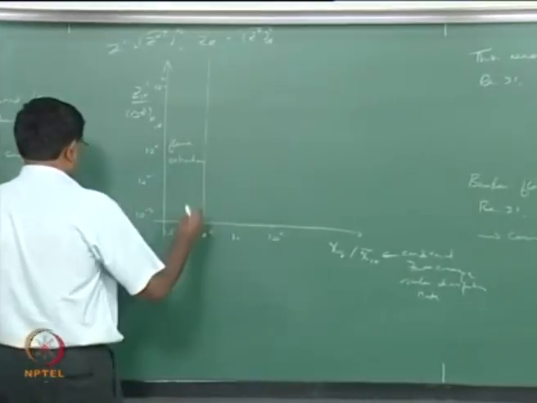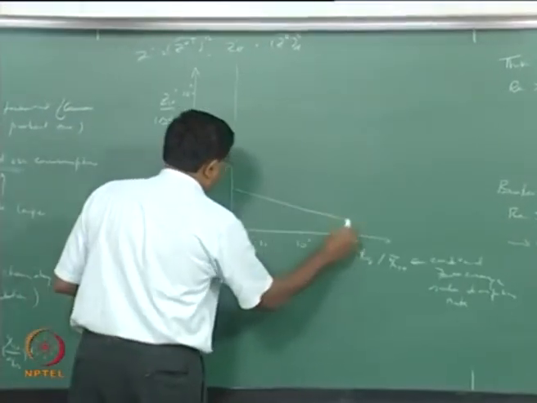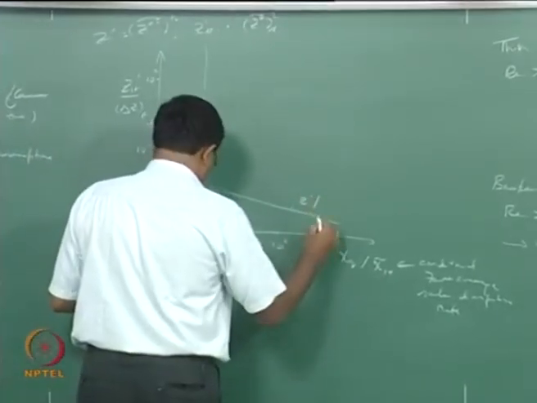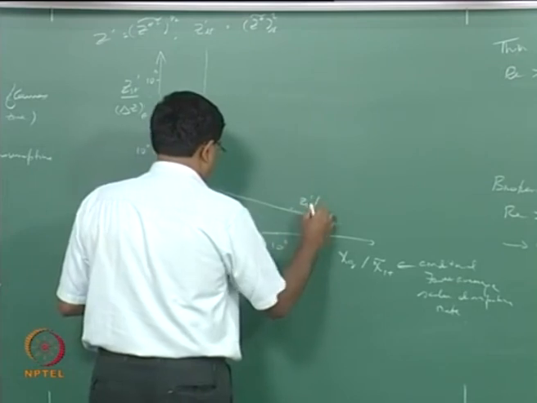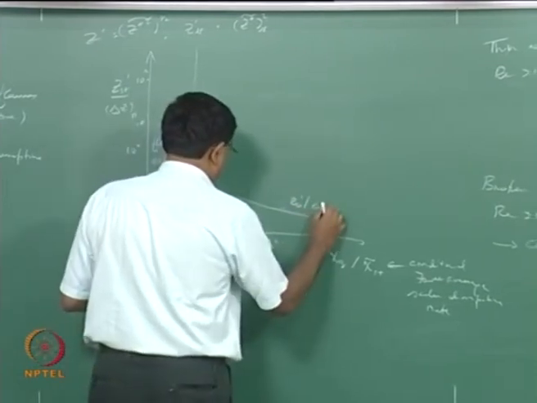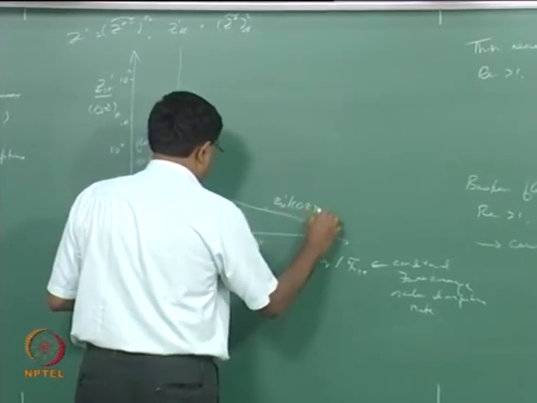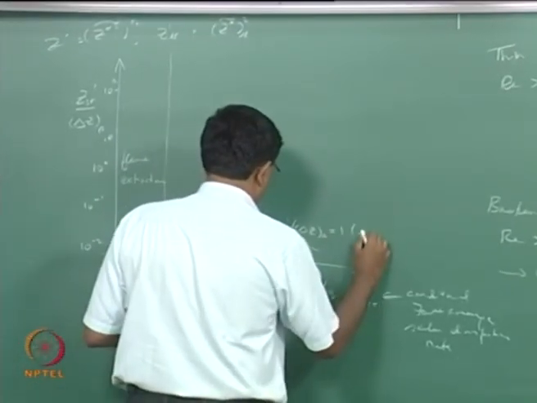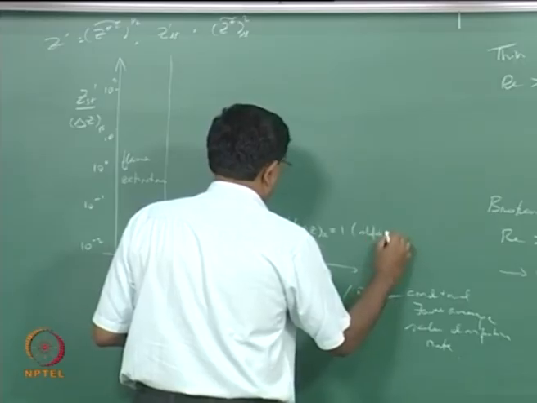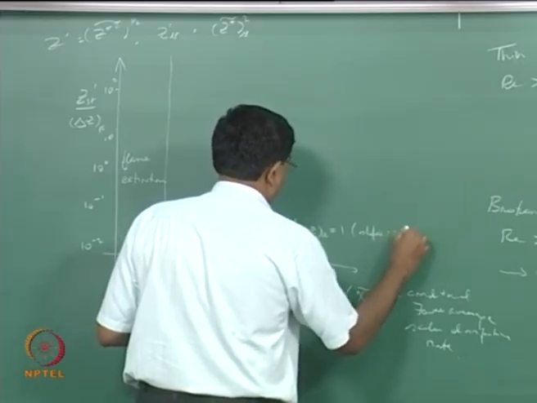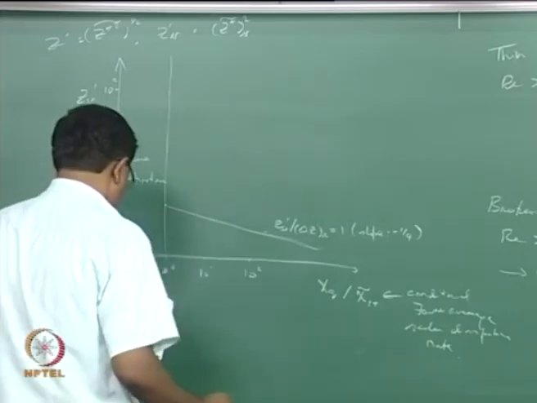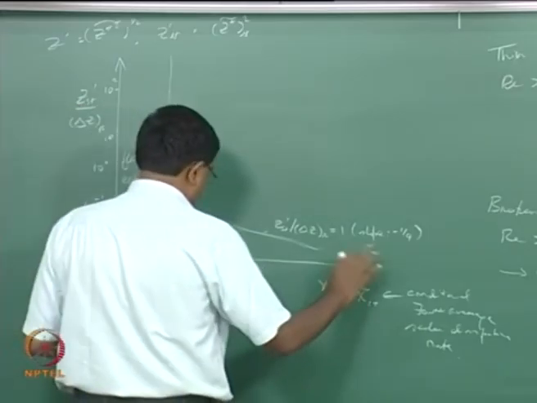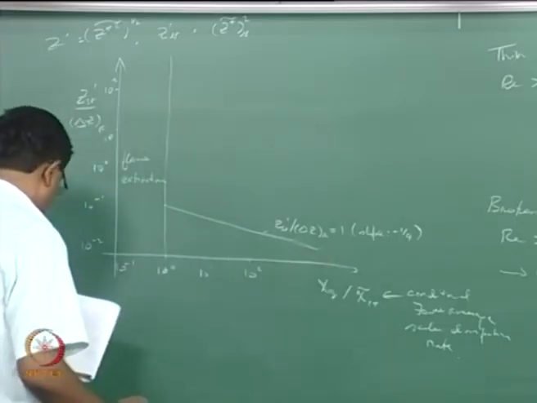So starting from here you go through a line like this. So this is, in fact you should say, z prime st divided by delta zf equal to 1, and this is slope minus 1 over 4. We are taking chi st tilde as approximately the same as chi st here, as I said.